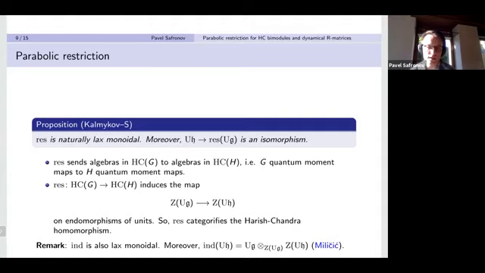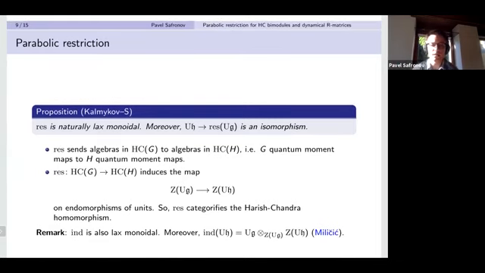So this is the quantization of symplectic implosion. So you have an algebra with a G action and a quantum moment map for G, which gives you an algebra object in Harish-Chandra bimodules. You apply parabolic restriction, landing in Harish-Chandra bimodules for H. So this gives you an algebra with an H action and a quantum moment map for H.